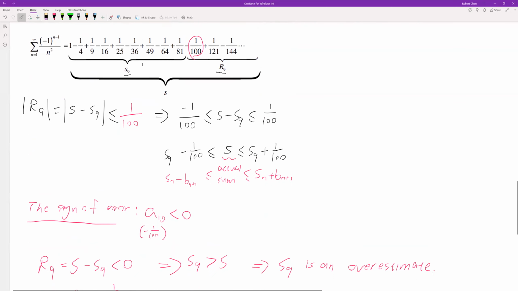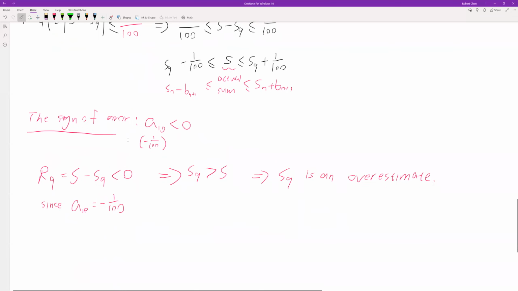You just need to look for how many terms you want to look at, and then use the first term in the remaining series to build an interval where your actual sum is going to be in. And then by looking at the sign of the first omitted term, we can understand whether the partial sum is going to be an overestimate or an underestimate.